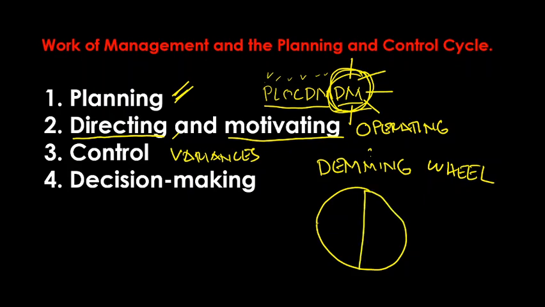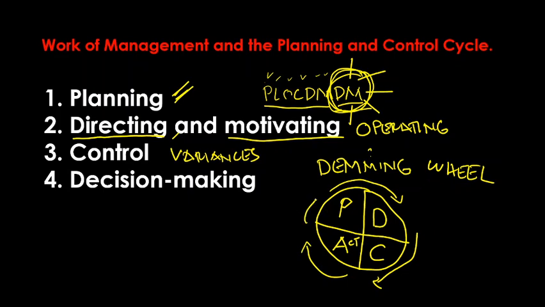It's composed of plan: you plan what you're going to do, and then you do what you have planned. You check the difference, then act. Plan, do, check, and act. That's your Deming wheel, the continuous process improvement. Those are the basic steps if you want to improve your business process according to Mr. Deming.